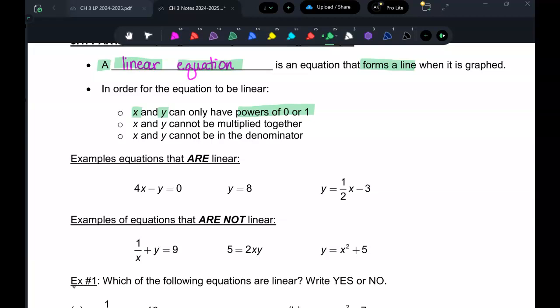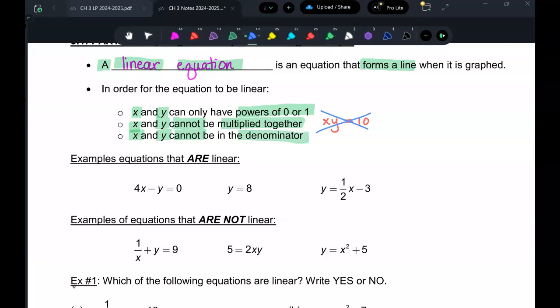You also cannot have x and y multiplied together. For example, you can't have xy equals 10. And one more thing, you cannot have x or y in the denominator.